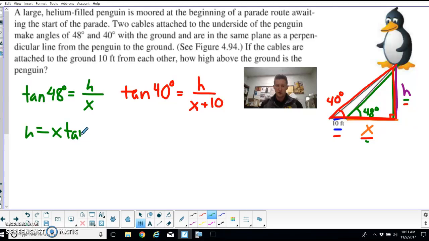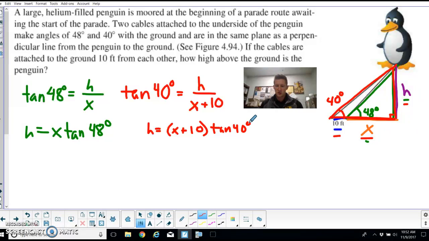That's simply multiplying both sides of the equation by x, excuse me. Whereas with the red triangle, h is going to be equal to, again, same idea, I'm going to multiply both sides by the denominator, which happens to be x plus 10. Just put in parentheses x plus 10 times the tangent of 40 degrees.